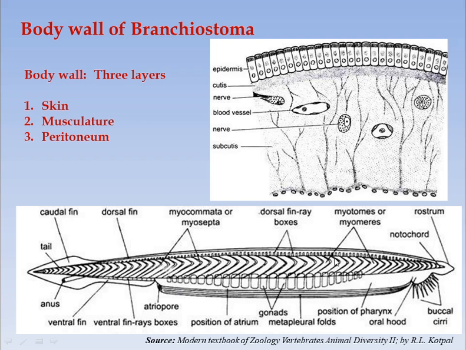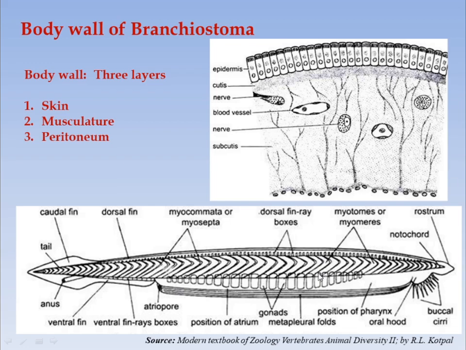These connective tissue partitions are called myosepta or myocomata, right? And these muscles are striped and arranged longitudinally, attached at both ends by two successive myocomata. At this side they are attached by the myocomata, and at this side they are attached by the myocomata.